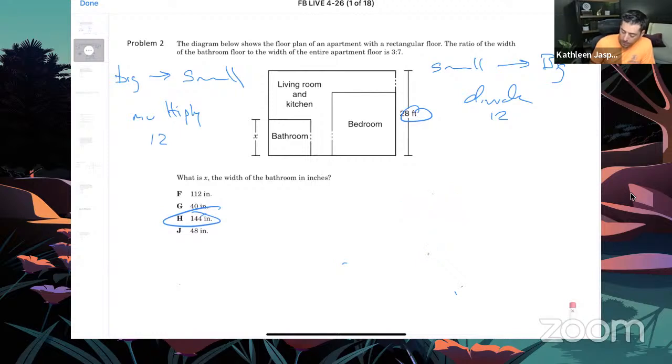If you start out with your proportion, we've got 3 over 7, and it's equal to, what do I do here? Oh, what did I do?